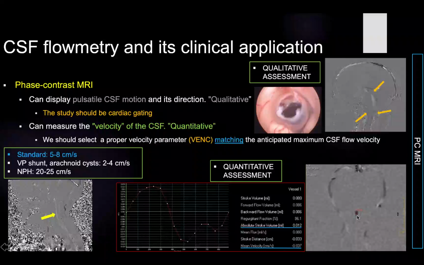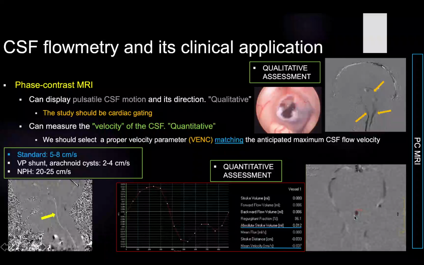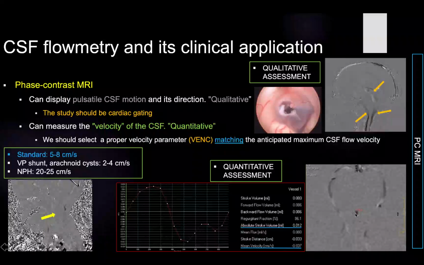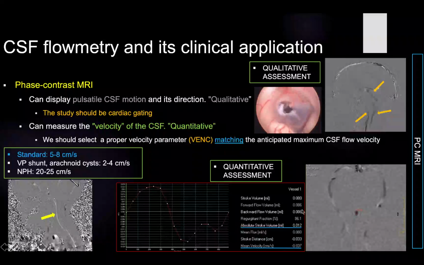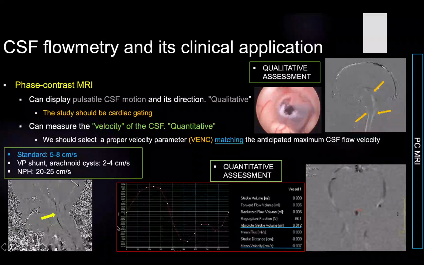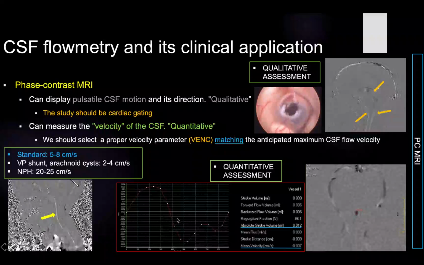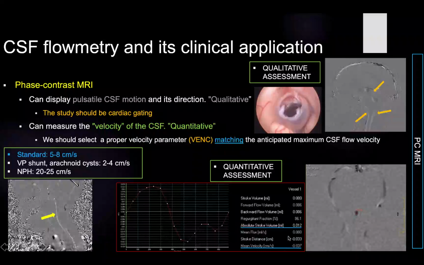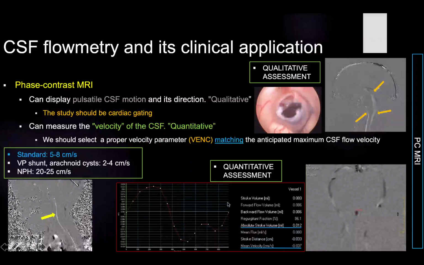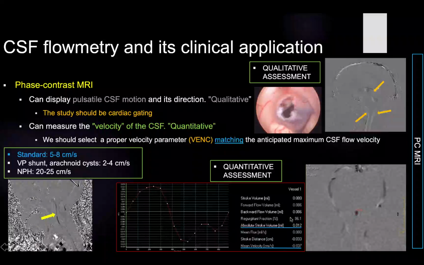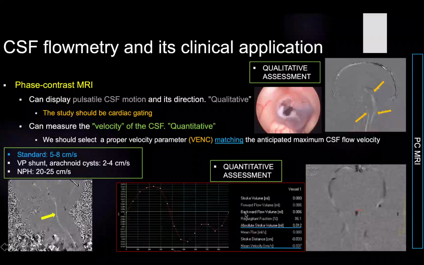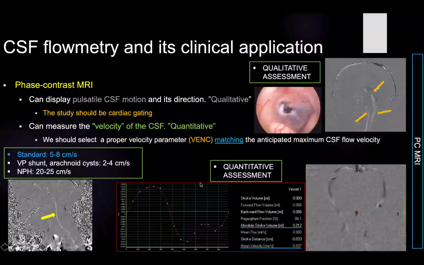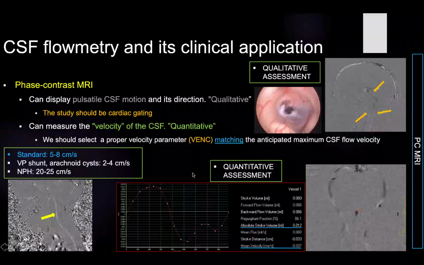How can this be done? It is done just by applying the ROI, and the software usually generates this curve, a table, and certain parameters. One of the most important parameters that can be generated is the stroke volume, and this is an important parameter, as we will discuss in the clinical applications in the next slides.